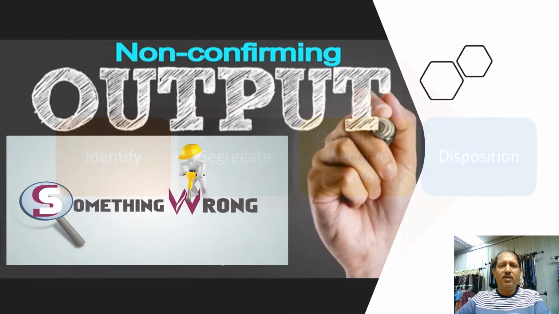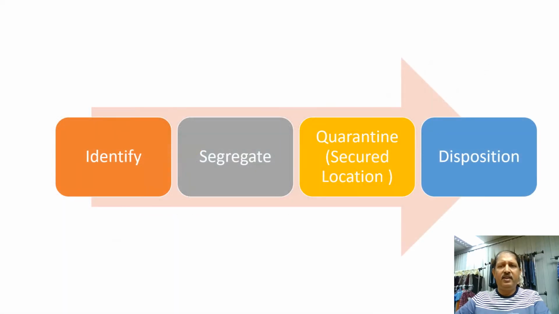So why is this output required to be handled separately? Why this control of non-conforming material? The simple reason is we get a particular order or we get paid for a particular quality of the product or services, and if we are not satisfying those requirements, why should a customer pay?